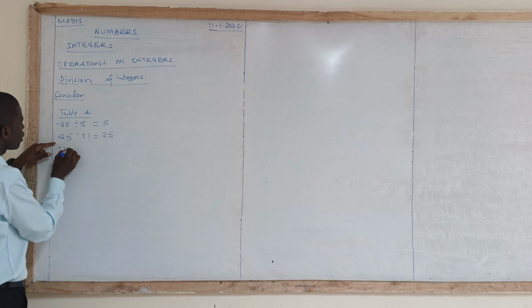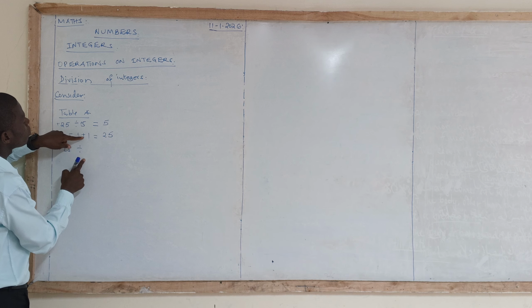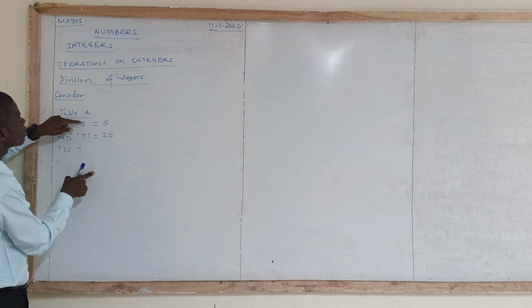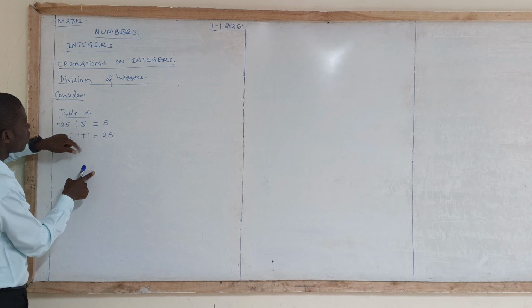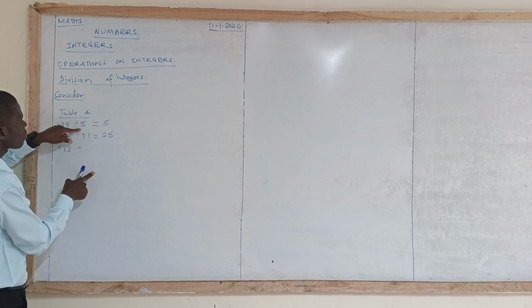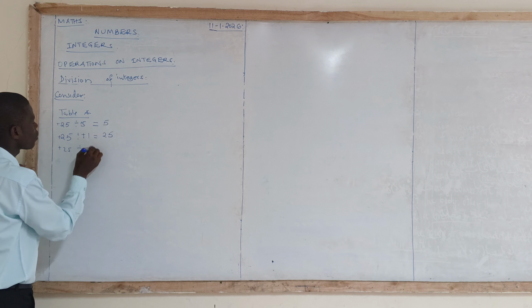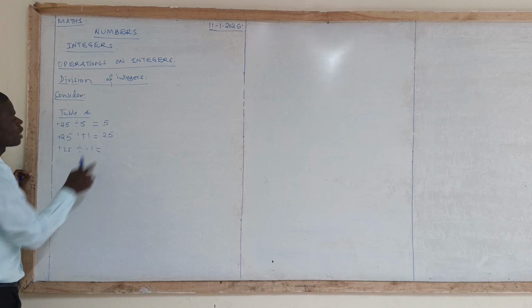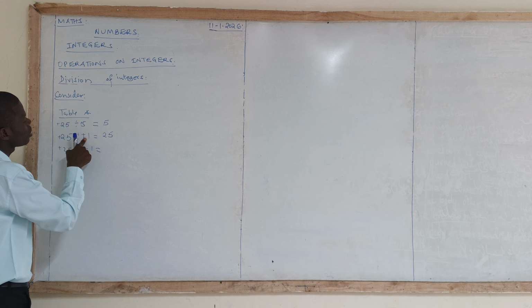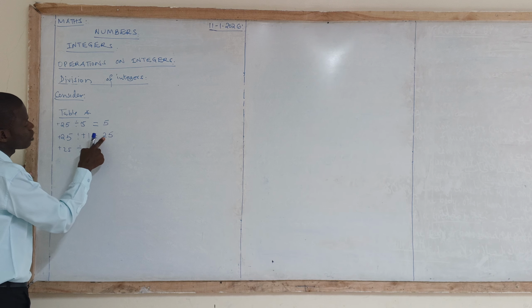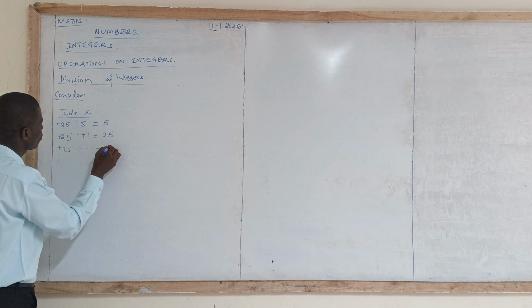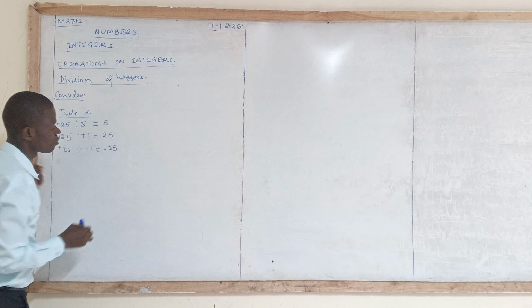The same 25 divided by, from 1 I'm moving downwards. Remember I'm skipping 4. If I skip 4 here, then here must have negative 1. So here I should also skip from positive to negative. Negative will give me negative 25.